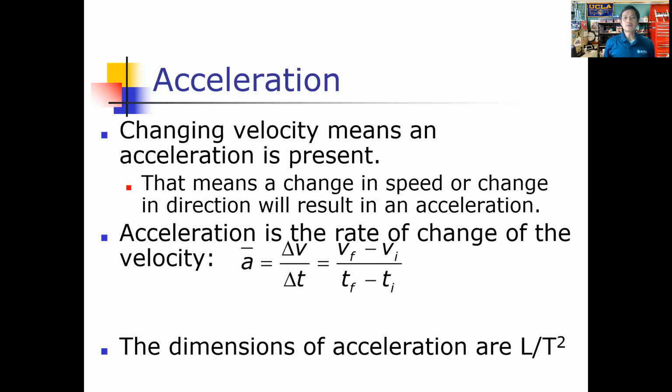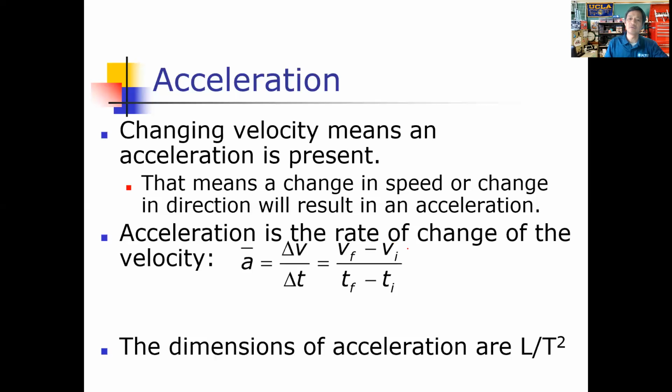Okay, and so the equation here, I'm going to introduce to you the equation first for acceleration, then we'll talk about how we can obtain this particular formula from the velocity-time graph as well. But if you notice here with the acceleration, we are taking into account two velocities: the initial velocity at a given time and a final velocity at a final time. So we're taking into account two velocities.